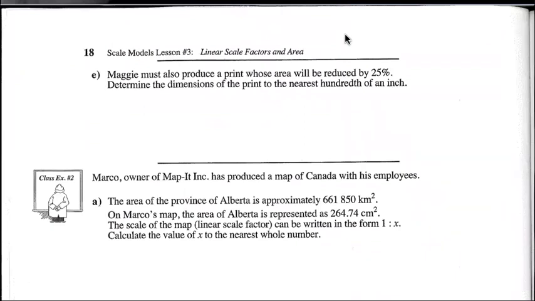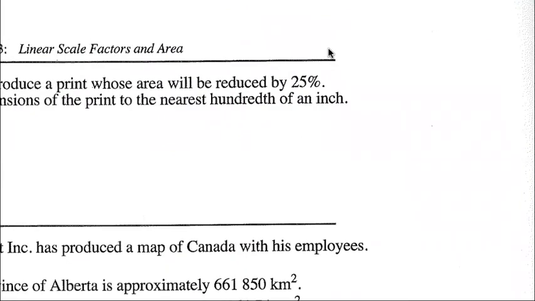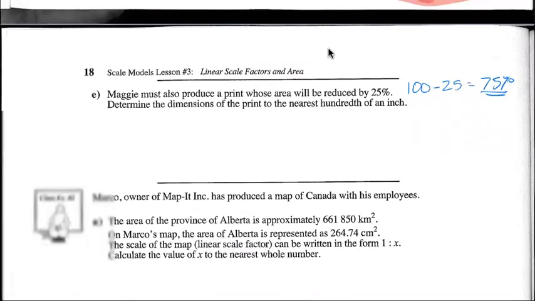Question E. Maggie must also produce a print whose area will be reduced by 25%. If it's reduced by 25%, that's 100 minus 25. That means it's 75% of the original. Okay. That would be our area scale factor.